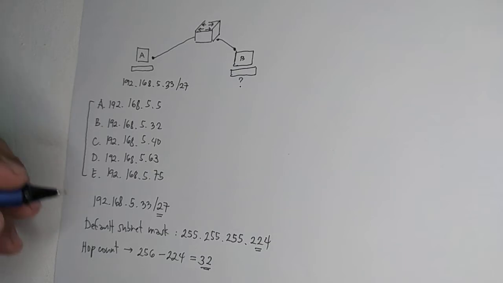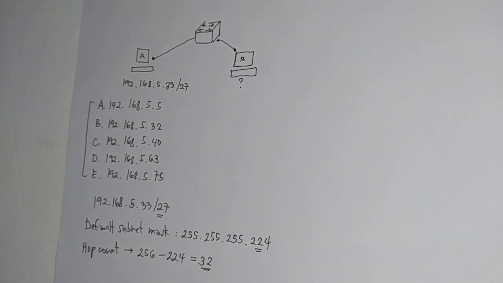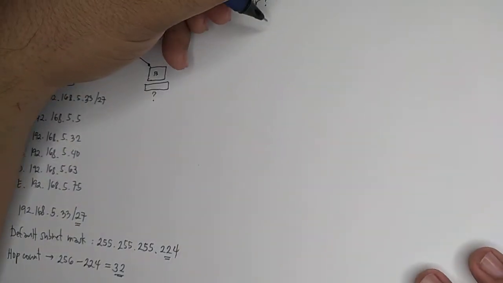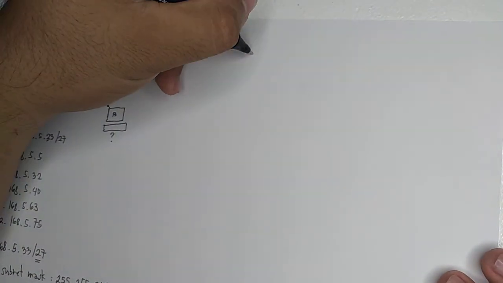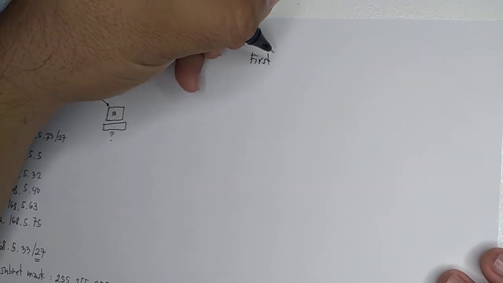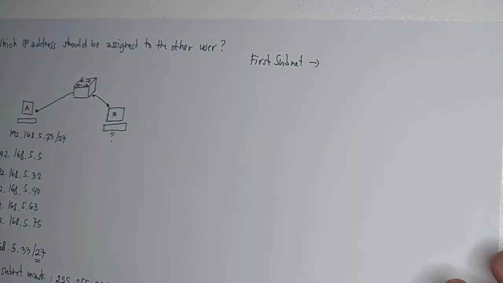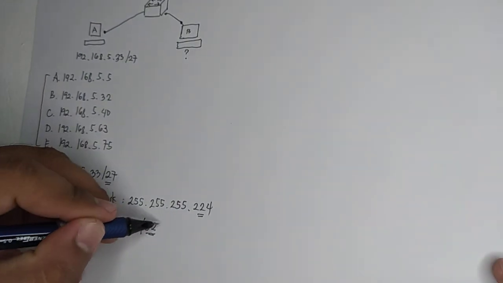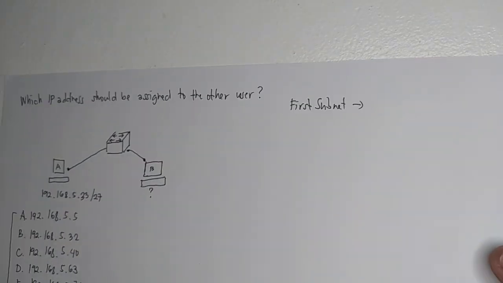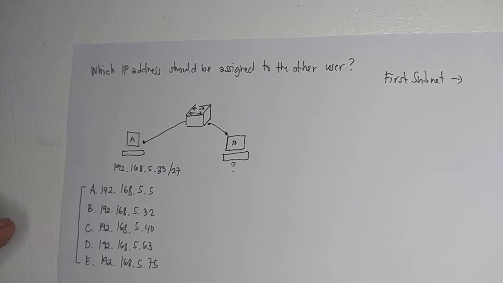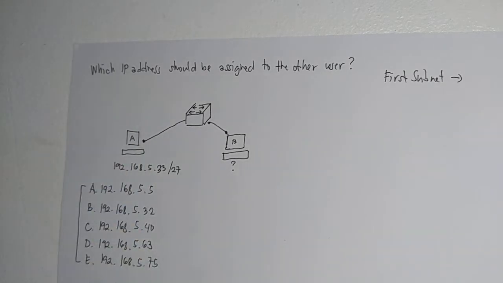From there, we will identify our subnets. First subnet: we have our hop count of 32 and our address 192.168.5.33/27. The /27 is already on the last octet portion.